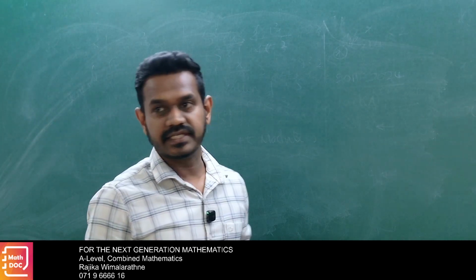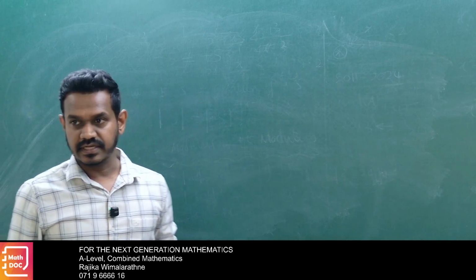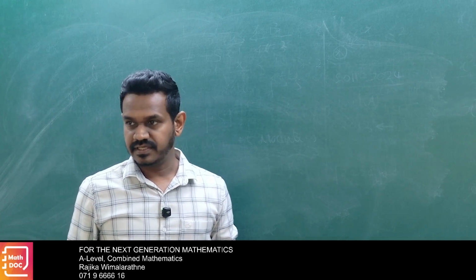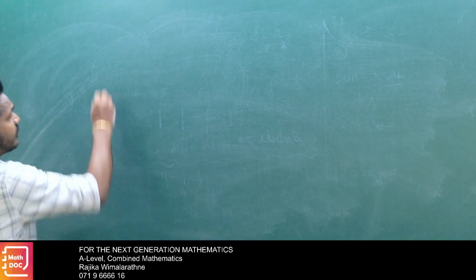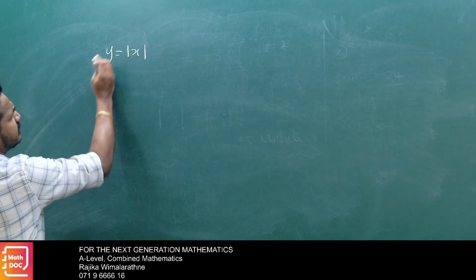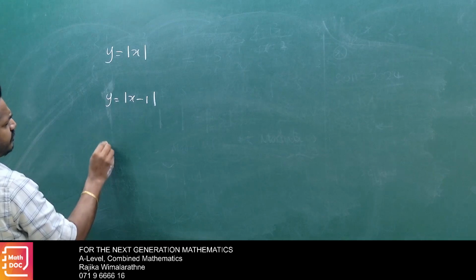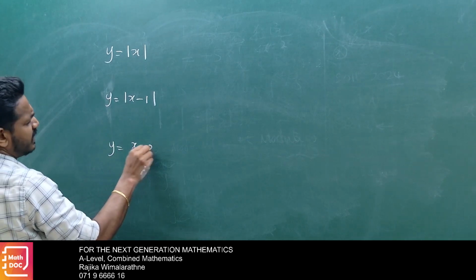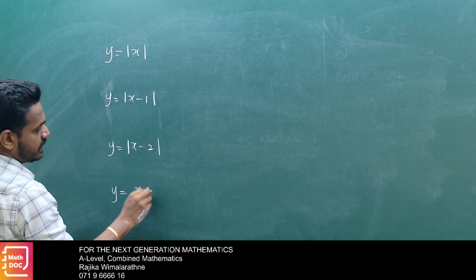Okay, now see this. Let's discuss linear functions with modulus. That is the fundamental thing. Check this: y equals modulus x, y equals modulus of x minus 1, y equals modulus of x minus 2, y equals modulus of x plus 1.